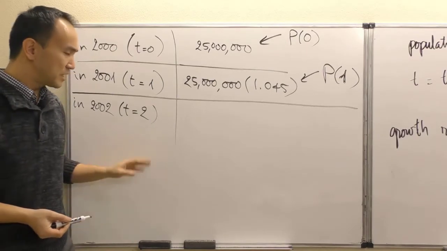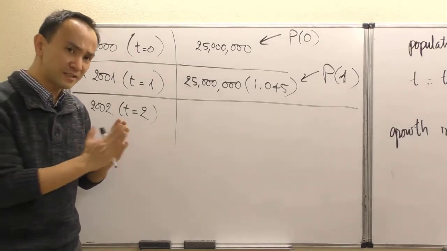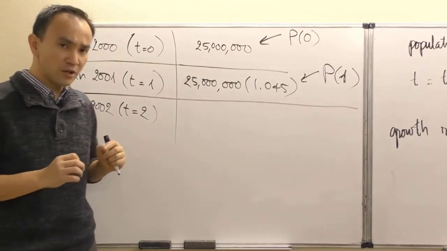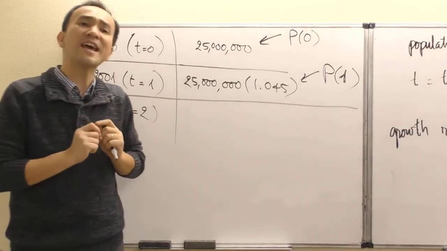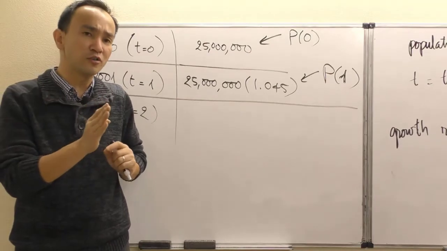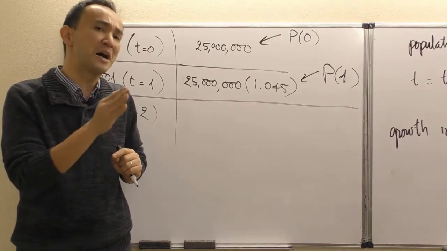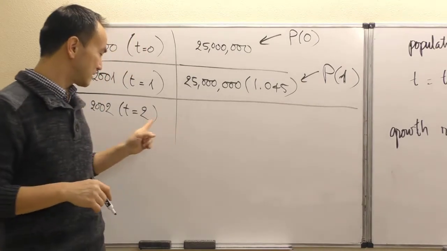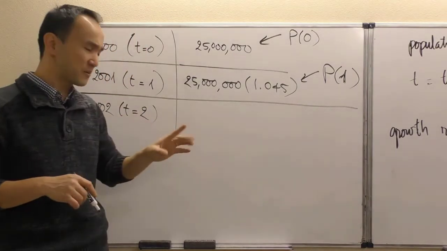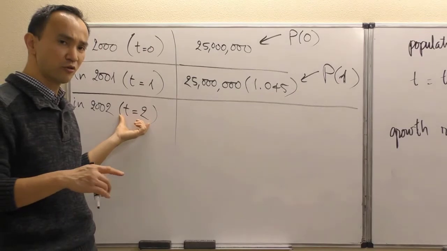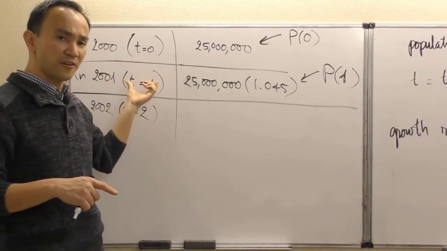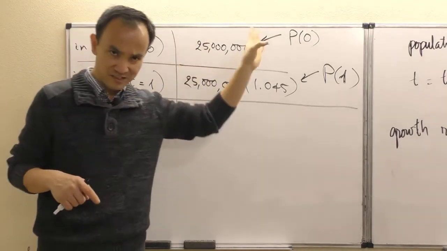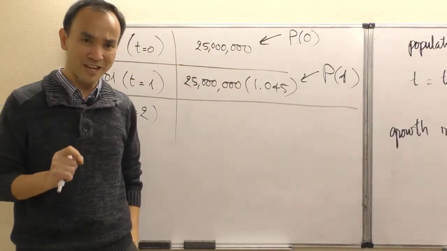But now remember, the rule of this growth is that according to the data, we only know that the population grows by 4.5% per year. That means this year it will grow by 4.5% from the last year, not from the very first year that we're looking at, not from the initial year.